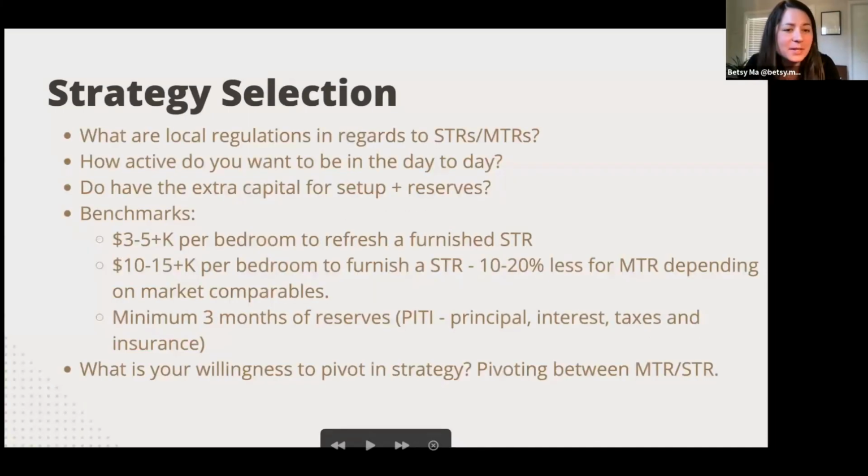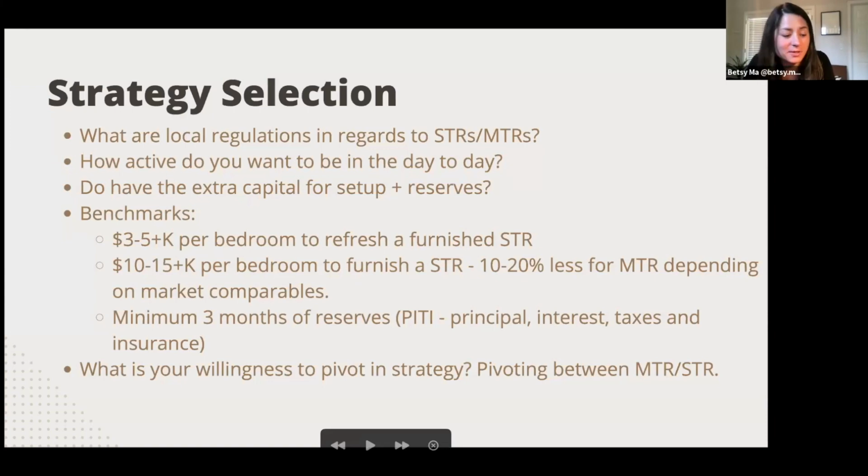You really need to consider what your local regulations are in regards to short-term and midterm rentals. Usually midterm rentals can be lumped in with long-term rentals. 30 plus days by the eyes of the state is usually a long-term rental. We say midterm rentals because they're usually furnished. How active do you want to be day to day? Do you have a job where you literally can't look at your phone for 30, 45 minutes, an hour plus?